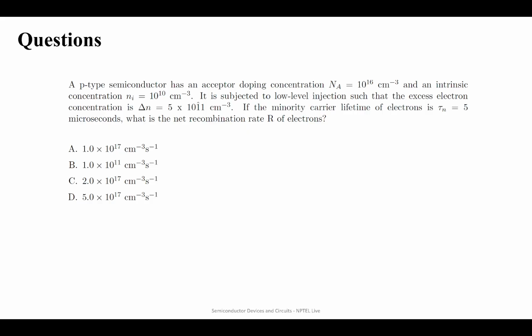If the minority carrier lifetime of electrons is tau n equals 5 microseconds, what is the net recombination rate R of electrons? 1 times 10 to the 7 per cm cubed per second, 1 times 10 to the 11 per cm cubed per second, 2 times 10 to the 17 per cm cubed per second, 5 times 10 to the 17 per cm cubed per second.